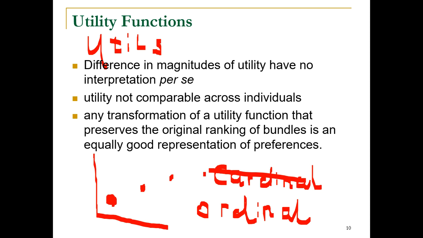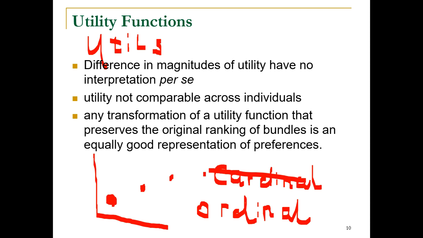The only thing you can do is rank them according to the levels of utility. On your own, you can tell that you get more satisfaction from an iPhone compared to Samsung, so you just rank them without necessarily putting numerical measurements. That is the ordinal approach.